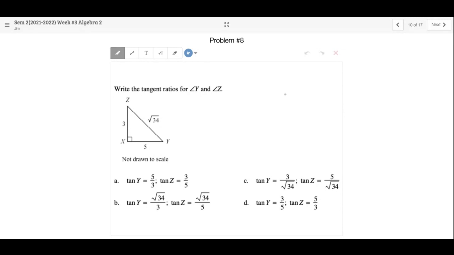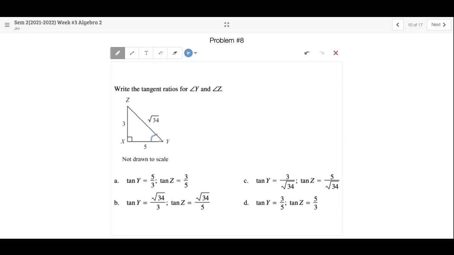Problem number 8 says write the tangent ratios for angle y and z. So this basically goes back to last week. Most calculators can be flipped back and forth between degrees and radians. In this problem they're just asking us to write the tangent ratios for angle y and z.